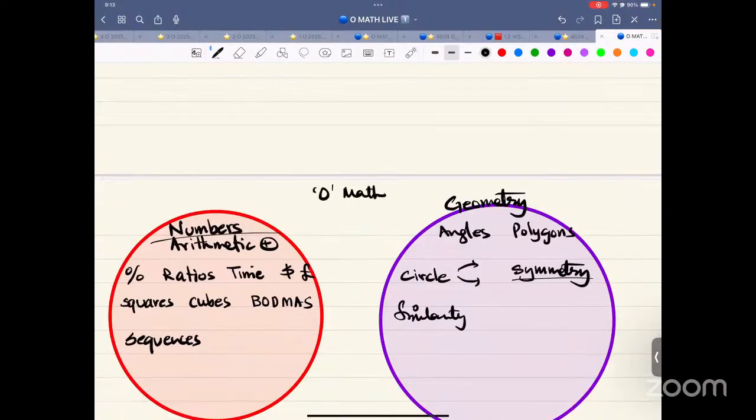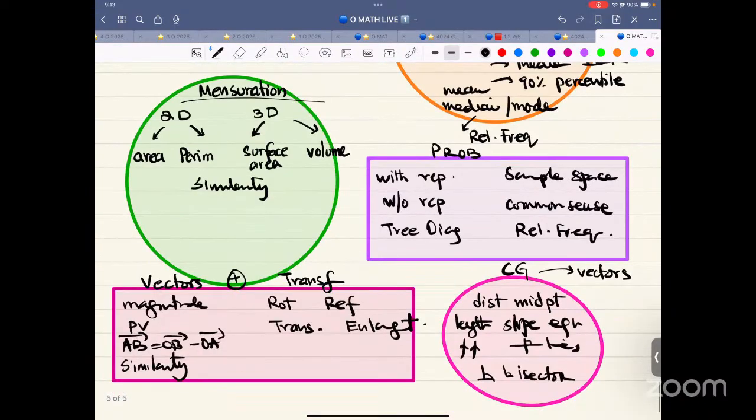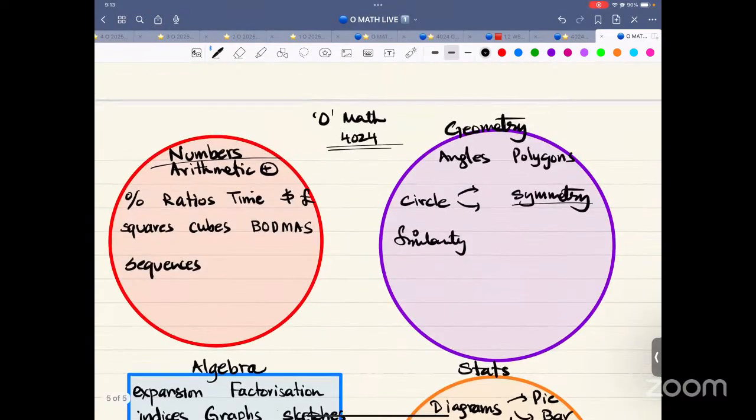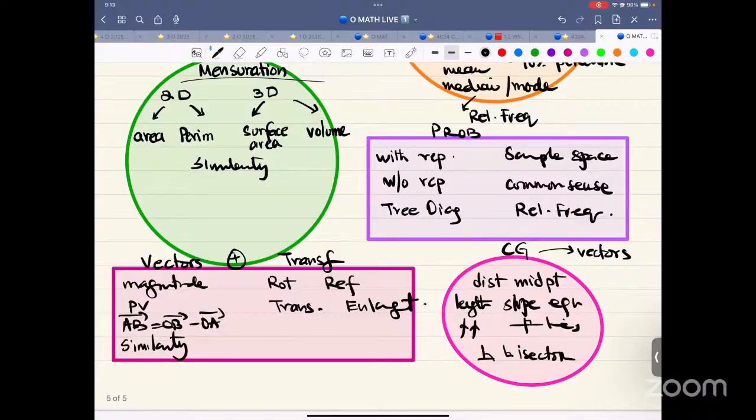Maybe if I have forgotten anything, we will just double check with the syllabus. So there is numbers, there is algebra, there is mensuration, vectors and transformation, geometry, stats, probability, coordinate geometry. So now let me just double check if there is any comment or something. So, okay, let's move on.